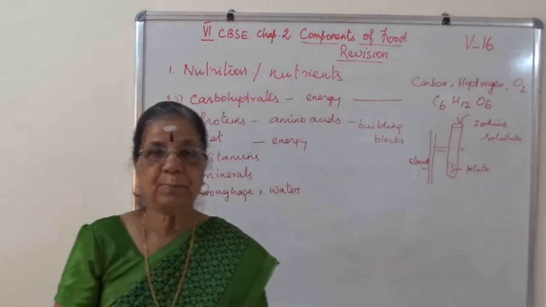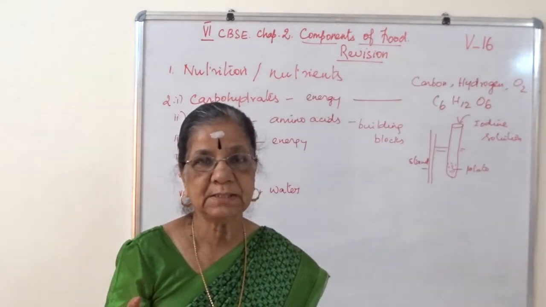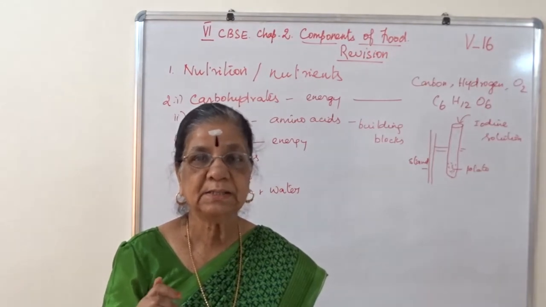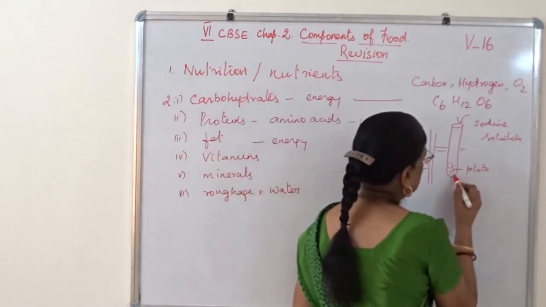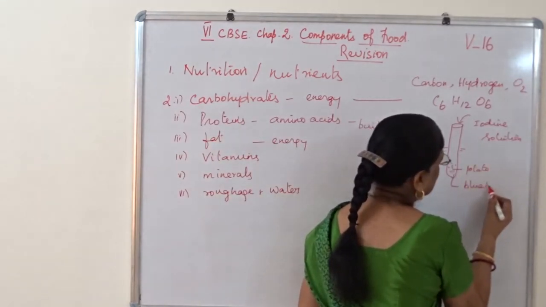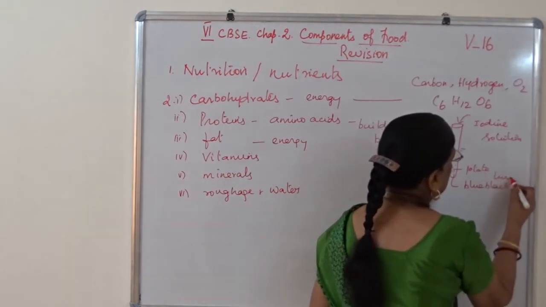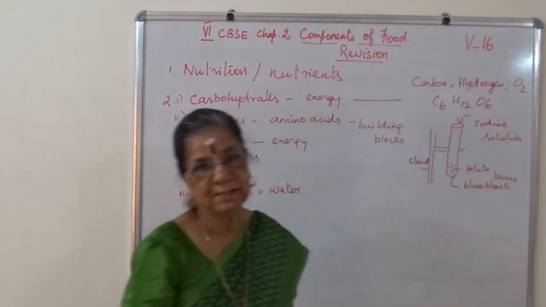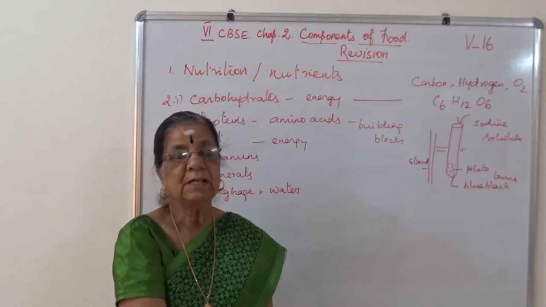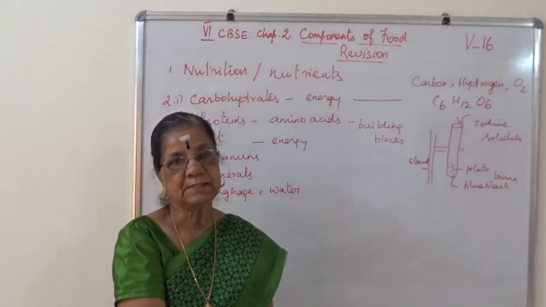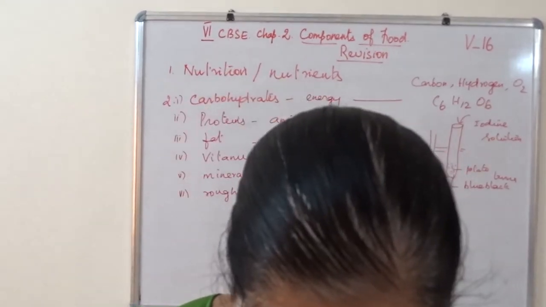If the food sample contains starch, if the food sample contains carbohydrate, then it turns blue-black in color. This potato will turn blue-black. So this is the test for starch, otherwise called the starch iodine test.